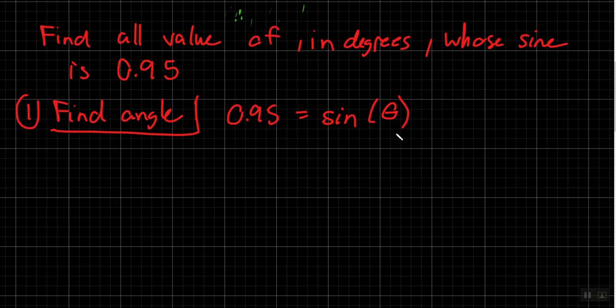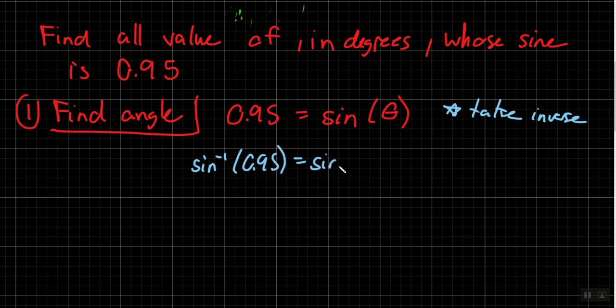How do I find the angle, which is theta? What do I have to do? Yep, inverse of sine. So, take inverse on both sides. So, inverse sine of 0.95. Sebastian, what happens to the right side of this equation?